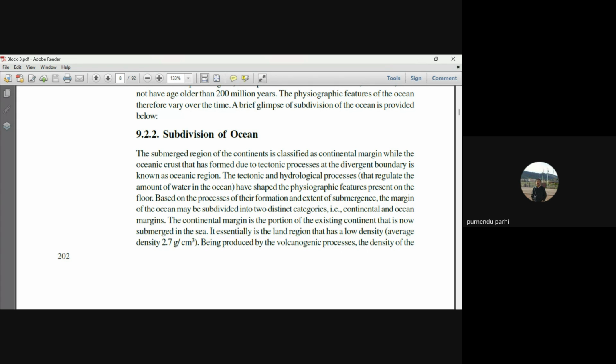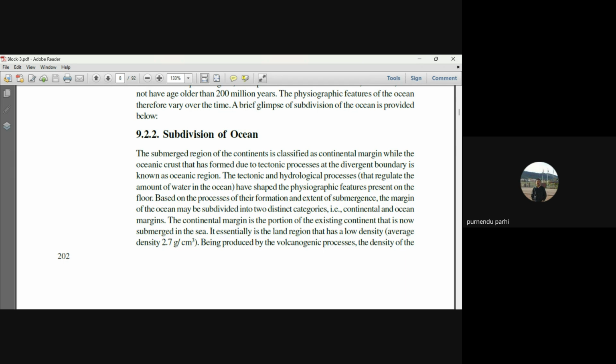The tectonic and the hydrological processes have shaped the physiographic features present on the floor. Based on the process of formation and extent of submergence, the margin of the ocean may be subdivided into two distinct categories. These are the continental and oceanic margin.